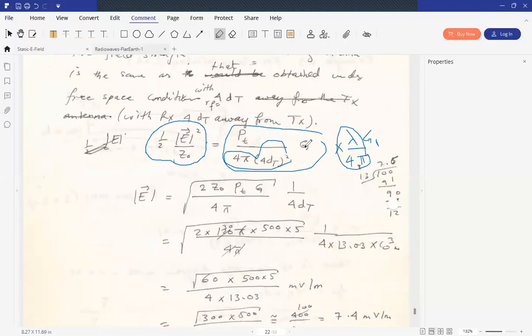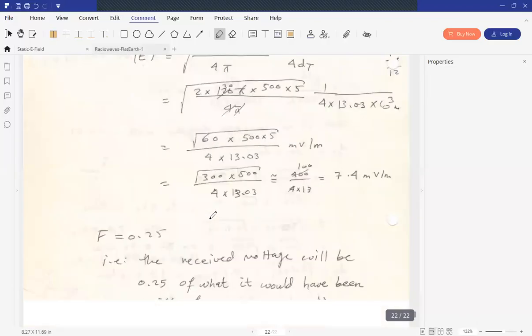P transmitter will be distributed over a sphere of radius RF, which is 4 dt. You divide the power by the sphere, you will get the power density. If the gain is isotropic, the gain is 1. If the gain is G, you multiply by the gain of the transmitter here. And from this equation, everything is known except the electric field. You find the electric field. That's the whole story.